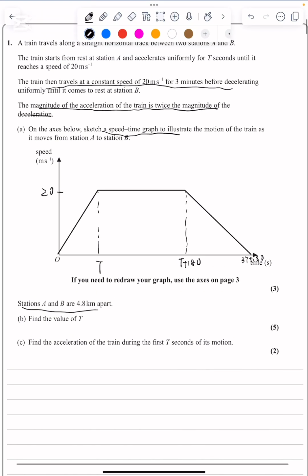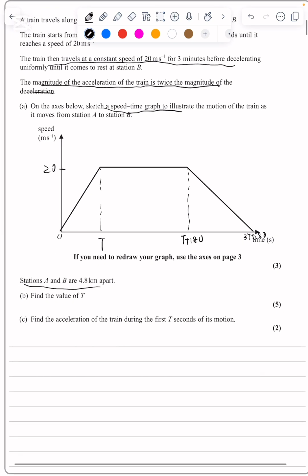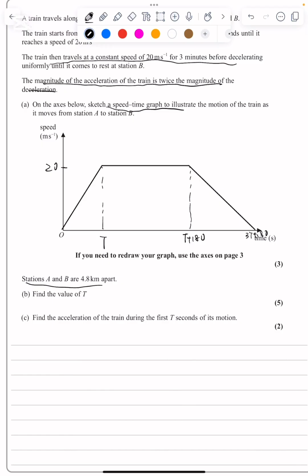So that means the entire area must be 4.8 because S equals VT, right? That means we have to find the area, and consider this first.